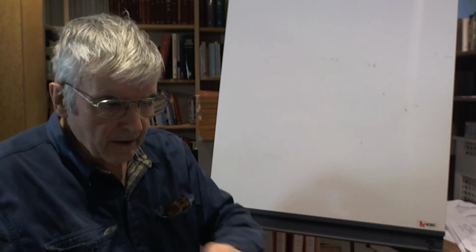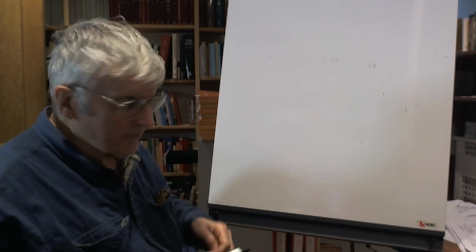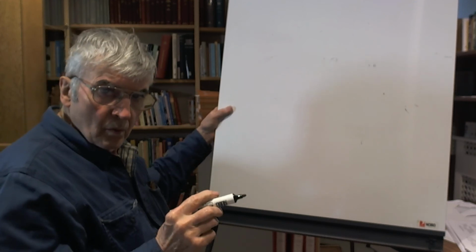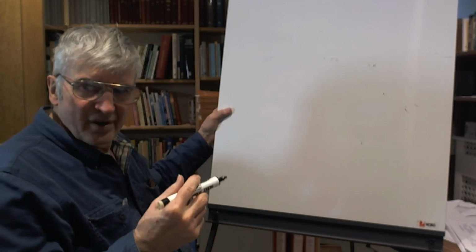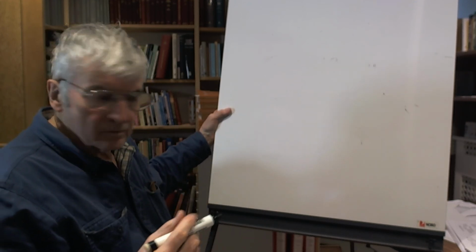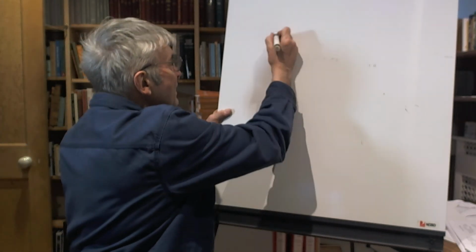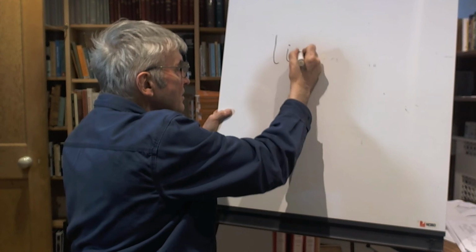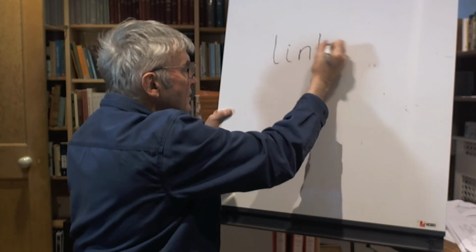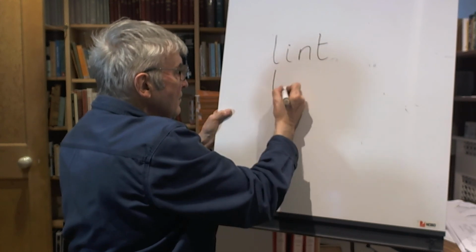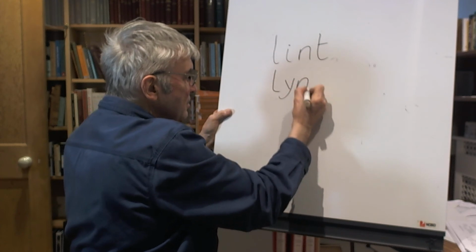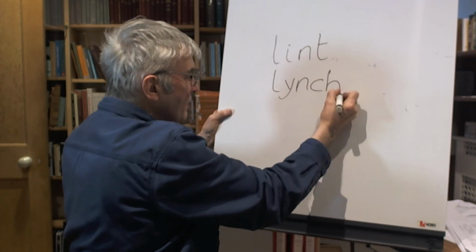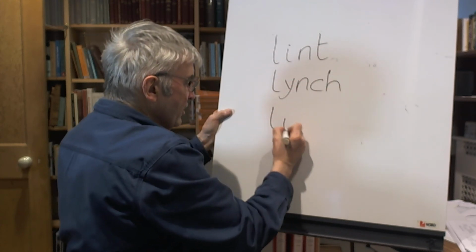And finally, the different forms of N, where they automatically pronounce themselves right. Look in English, for example. Look at the word lint. Now look at the word lynch. Now look at the word link.